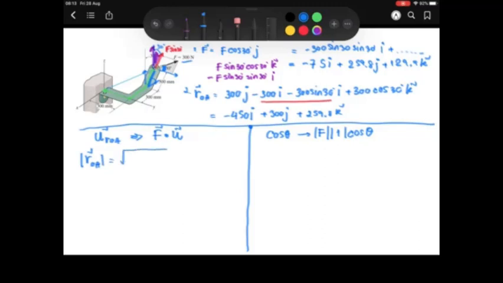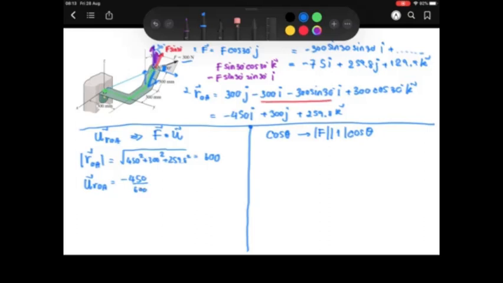I put it in the calculator, so I will get 599.99. So I will round it up as 600. So the unit vector U of ROA will be equal to minus 450 over 600 i plus 300 over 600 j plus 295.8 over 600 k.